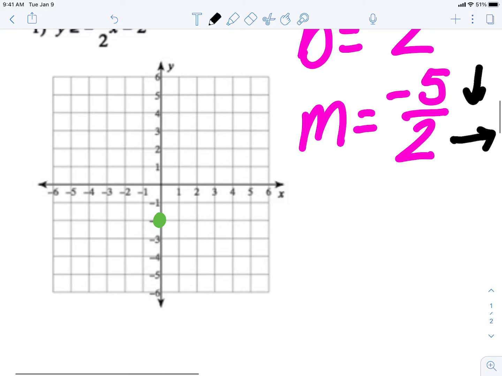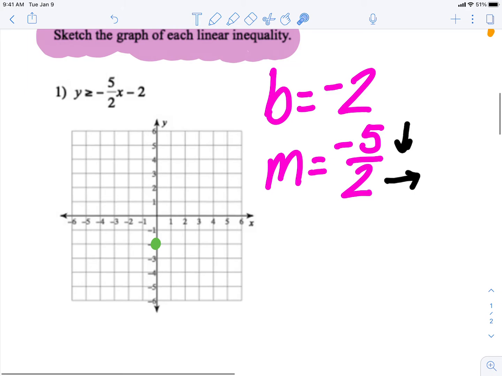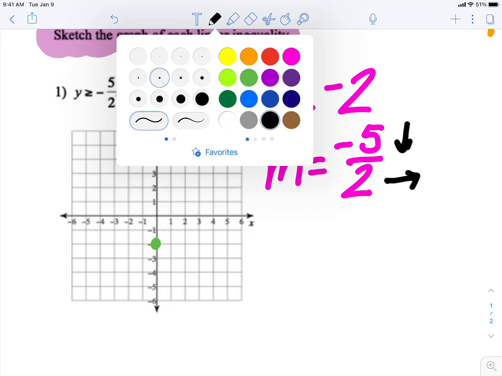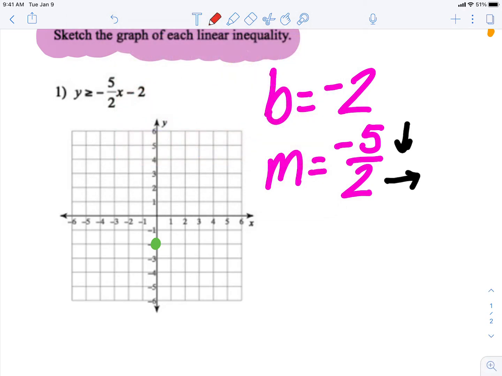So here, let's see. 1, 2, 3, 4. That's a problem. I can't go down 5. There's no room. So let's do the opposite. Let's go up 5. Let's pick a different color, red. 1, 2, 3, 4, 5.